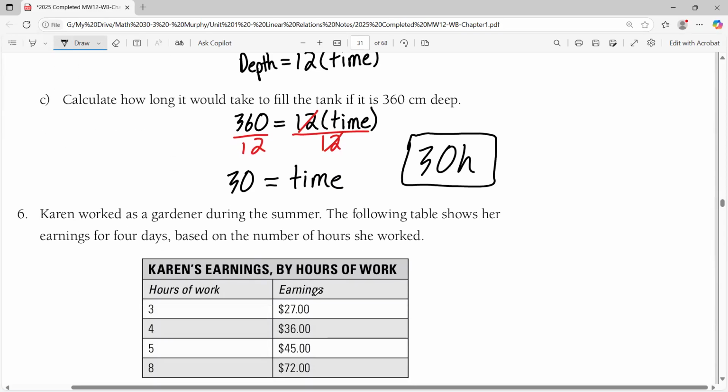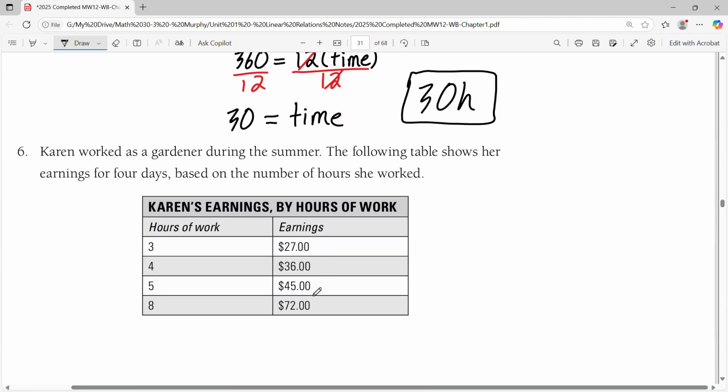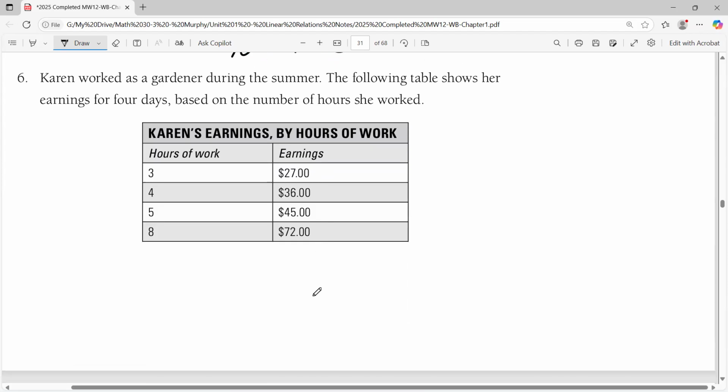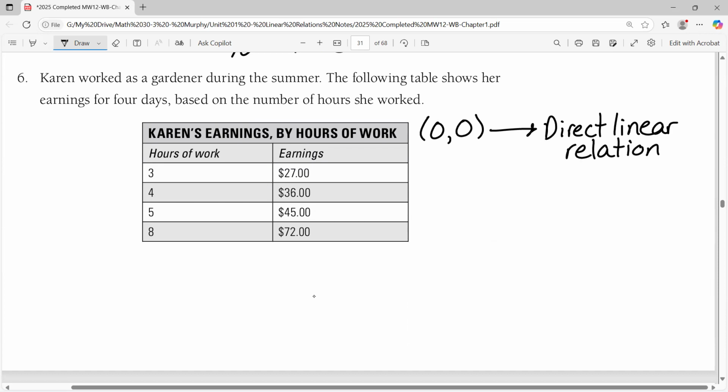Okay, number 6. Karen worked as a gardener during the summer. The following table shows her earnings for 4 days based on the number of hours she worked. Now, of course, if you work 0 hours, you are going to make $0, which means a direct linear relation, which means y equals mx.